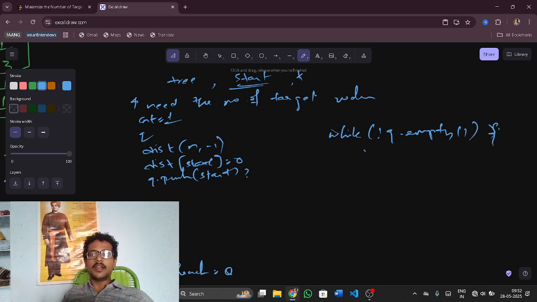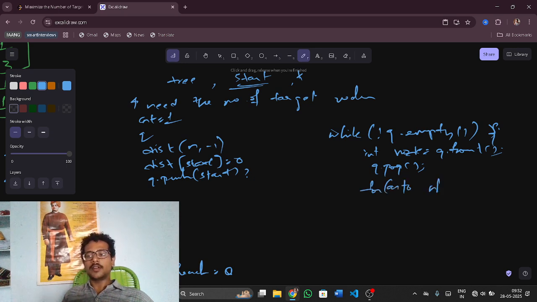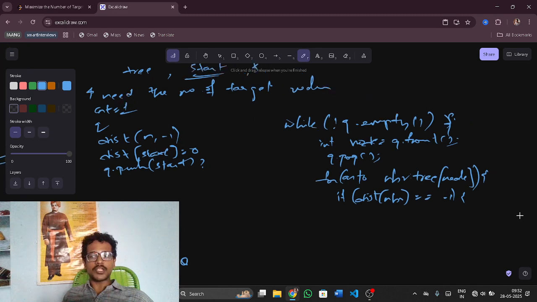is take int node is equal to q dot front, and remove that from the q with q dot pop, and for auto neighbor in tree of node, I go to every neighbor, and if the distance of neighbor is equal to minus 1, then I have to change it.